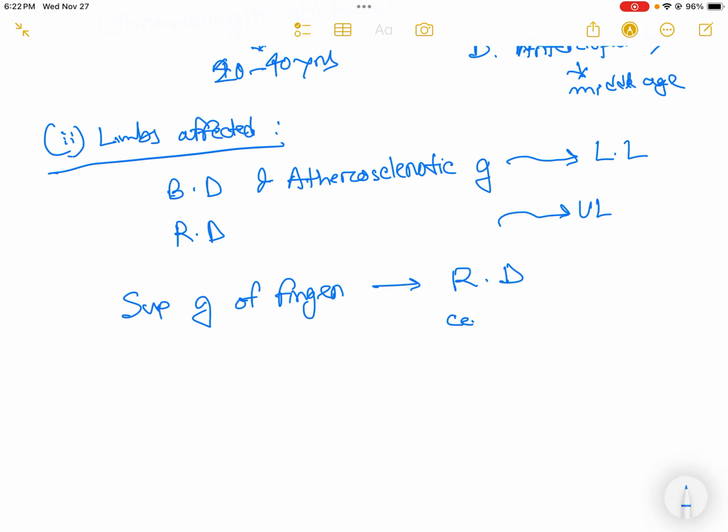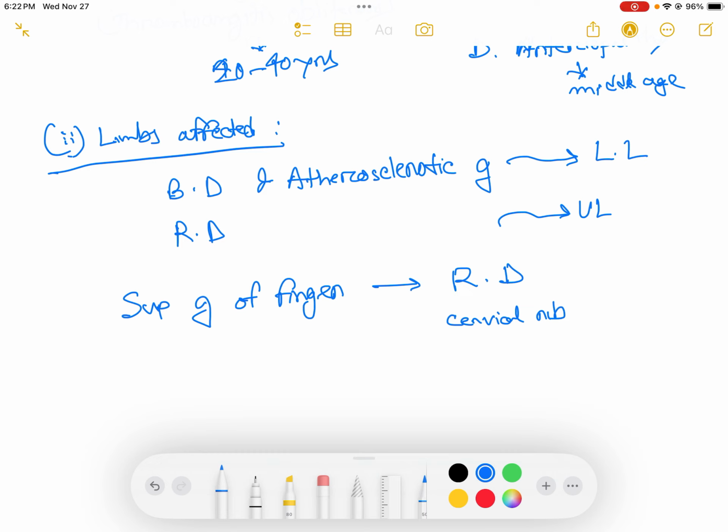The cervical rib. Scalenus anticus syndrome. Morvan's disease, painless whitlow in syringomyelia.